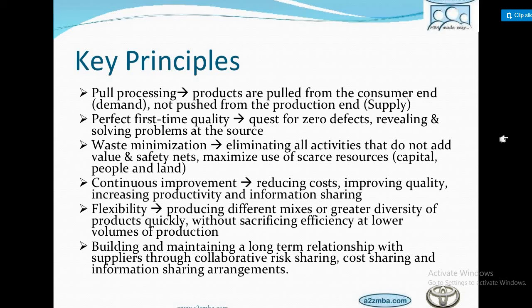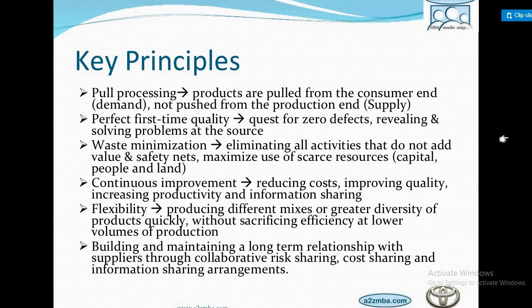Then perfect first time quality means whatever products we are producing, we need to make them perfect the first time. Quest for zero defects means when we are producing products the first time, we need to make a perfect quality product, okay, which will give us zero defects, revealing and solving problems at the source, okay.